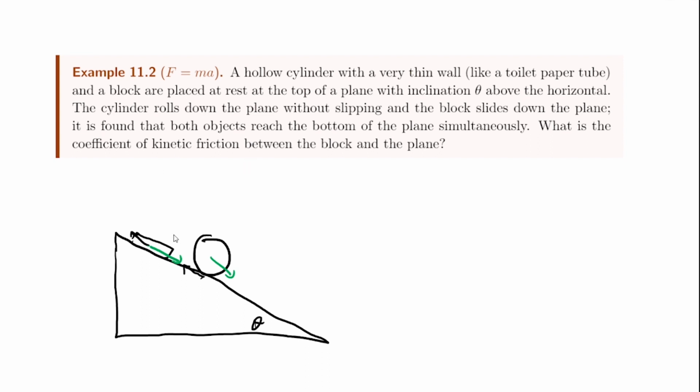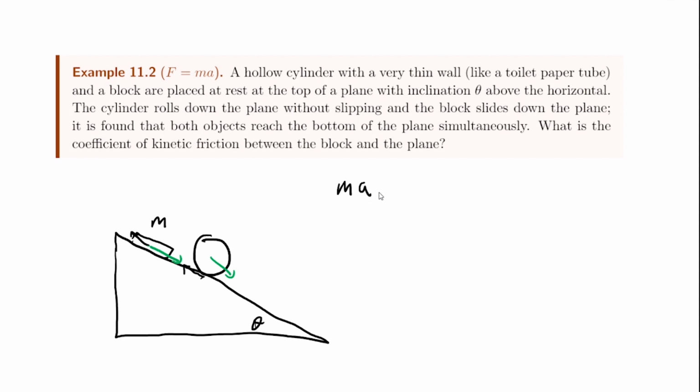So first, if we want the two objects to reach the bottom simultaneously, since they both start at the top, all we need to do is guarantee that they have the same acceleration. So we'll just find the acceleration of both. The first object we get using F equals ma. Let's give this one mass m.